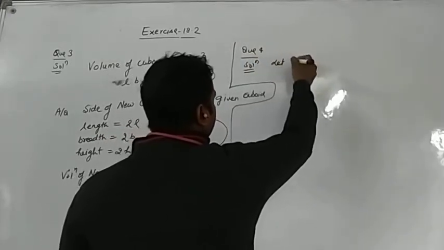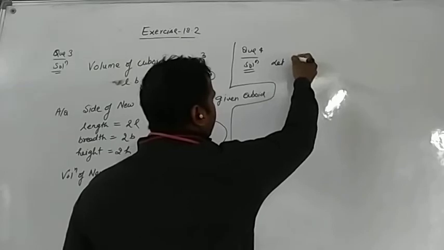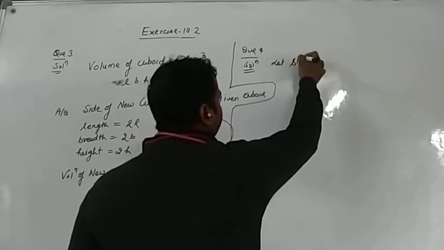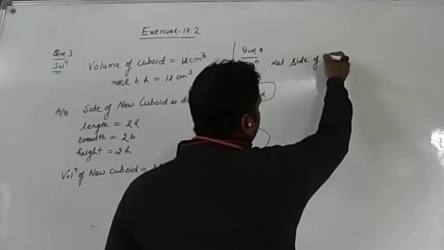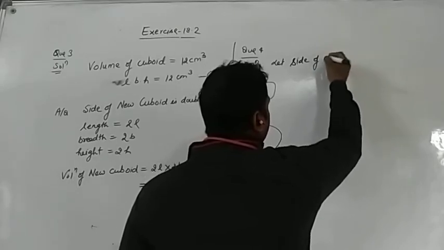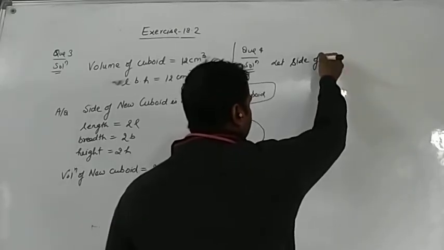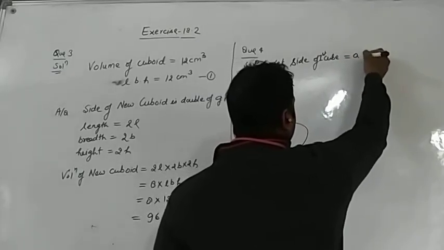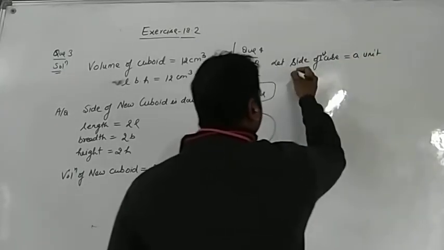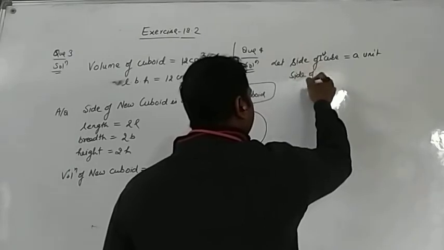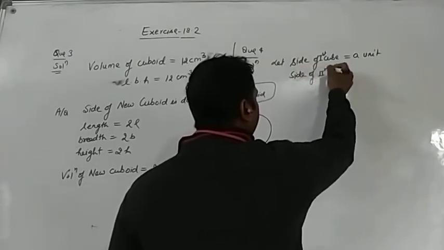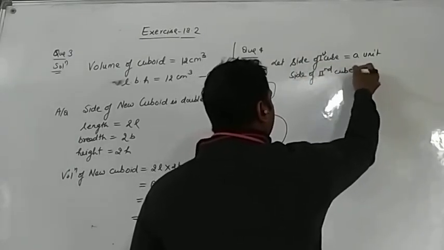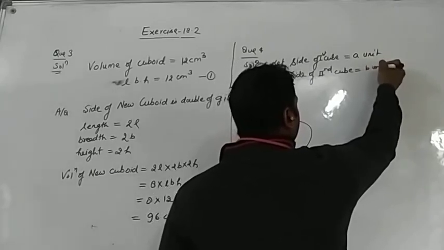Let side of first cube be a unit and side of second cube be b unit.